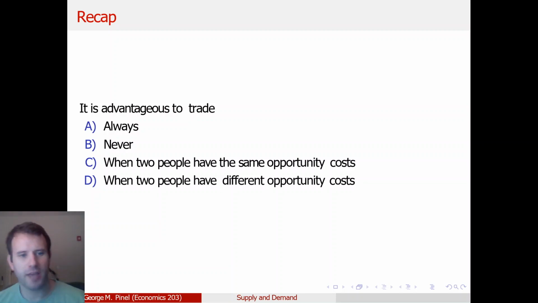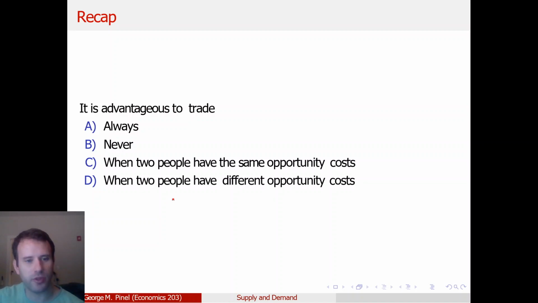All right, so time for your recap questions. When is it advantageous to trade? Is it always, never, when two people have the same opportunity cost, or when two people have different opportunity costs? Remember the graph I drew with the opportunity costs and the prices.